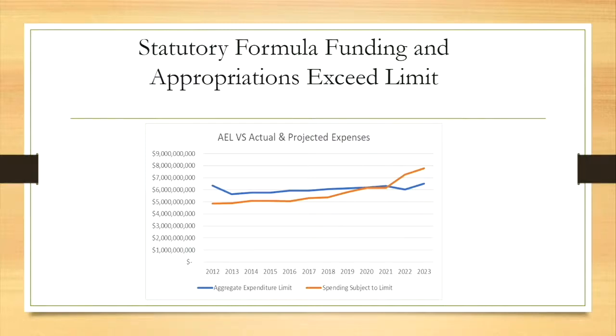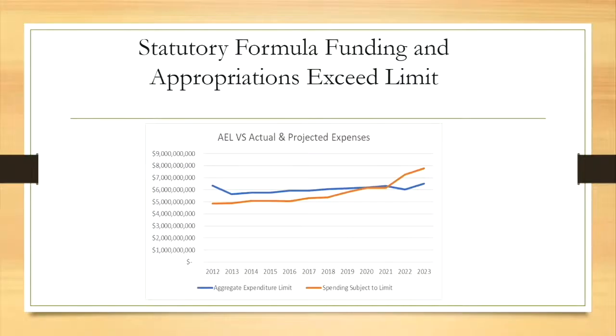They looked at a year that was not a normal year. They looked at a year of enrollments with a lot of homeschooling, a lot of private schooling, and they decreased it. So we are now at the point, is there a laser? Yeah, the red. This is the aggregate spending limit.